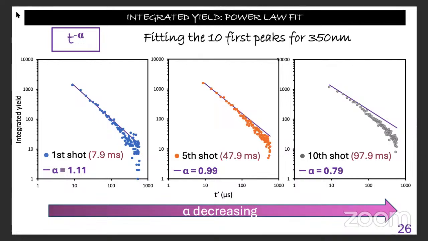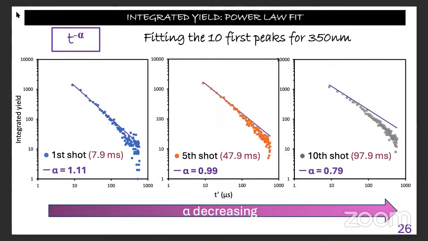And we found that this parameter alpha decreases as the storage time increases. This means that the internal energy distribution is changing with time. But we also found that the experimental decay deviates from the power law.